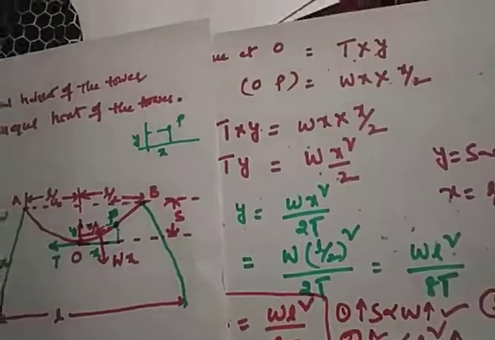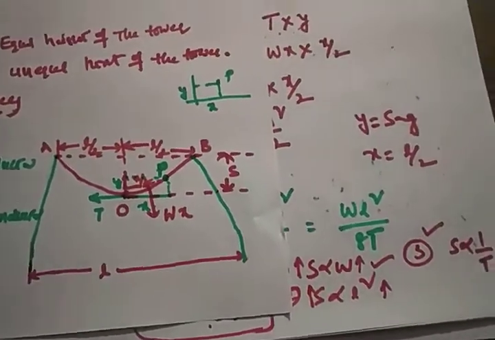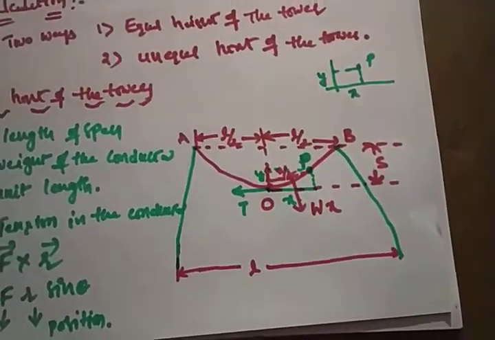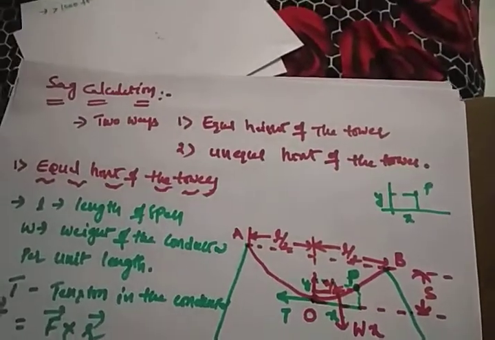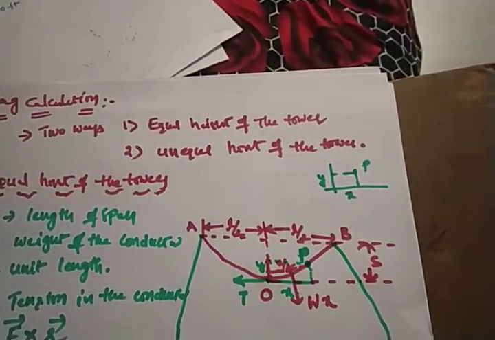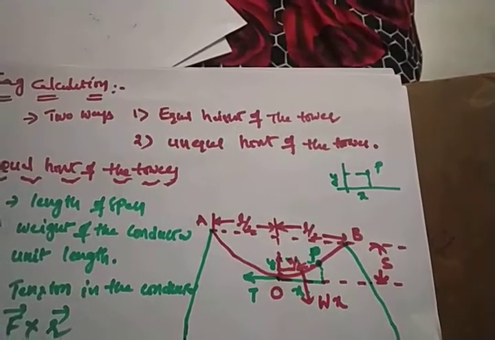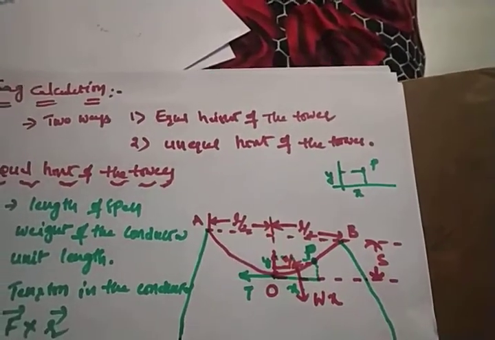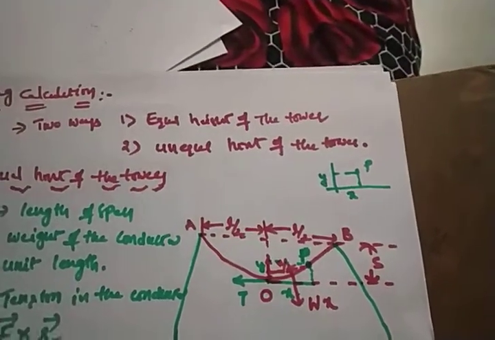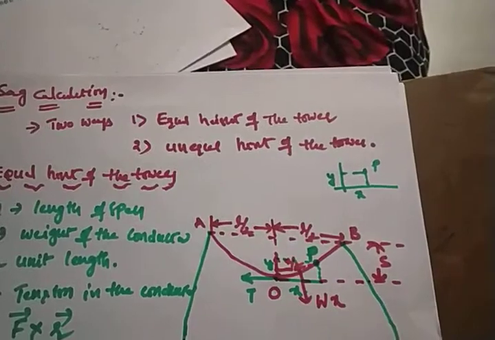Let me explain one more time. In order to calculate the sag value, you have two ways: the system having equal towers and unequal towers. If you have equal towers, what is the perfect sag to maintain an efficient transmission system? If it is unequal towers, what is the sag value?